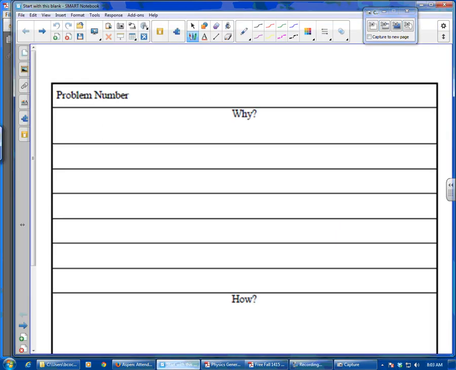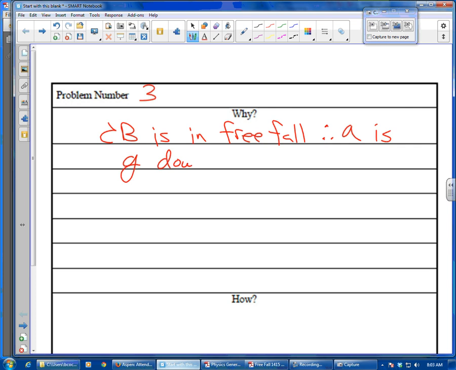Because the cannonball, so this is number 3, the cannonball is in free fall. Therefore, the acceleration is little g downwards.